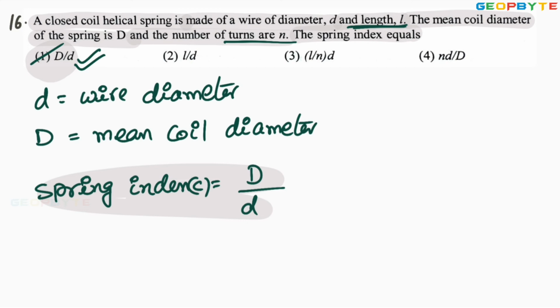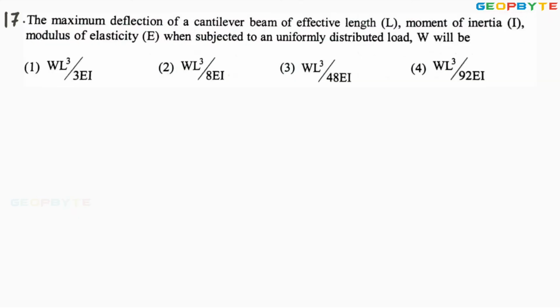Let us take another problem. Look at the 17th problem. The maximum deflection of a cantilever beam of effective length L, moment of inertia I, modulus of elasticity capital E, when subjected to uniformly distributed load. It is given like this.